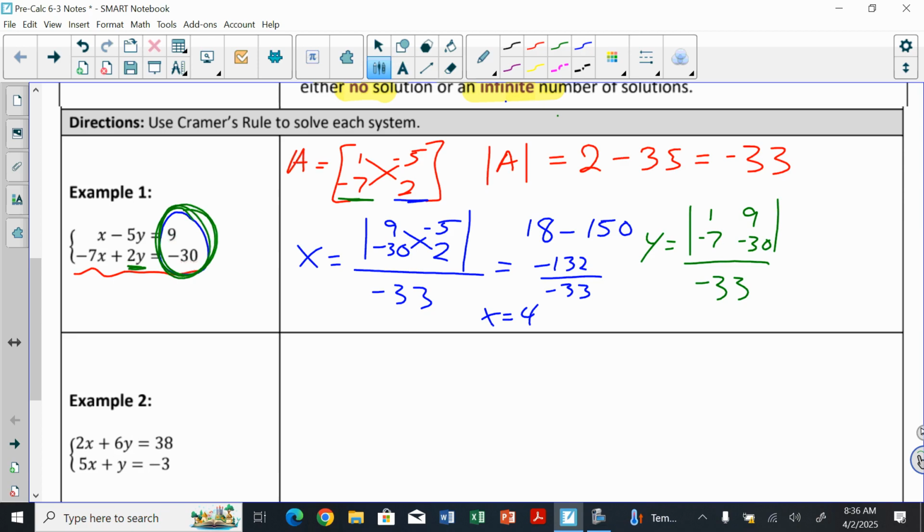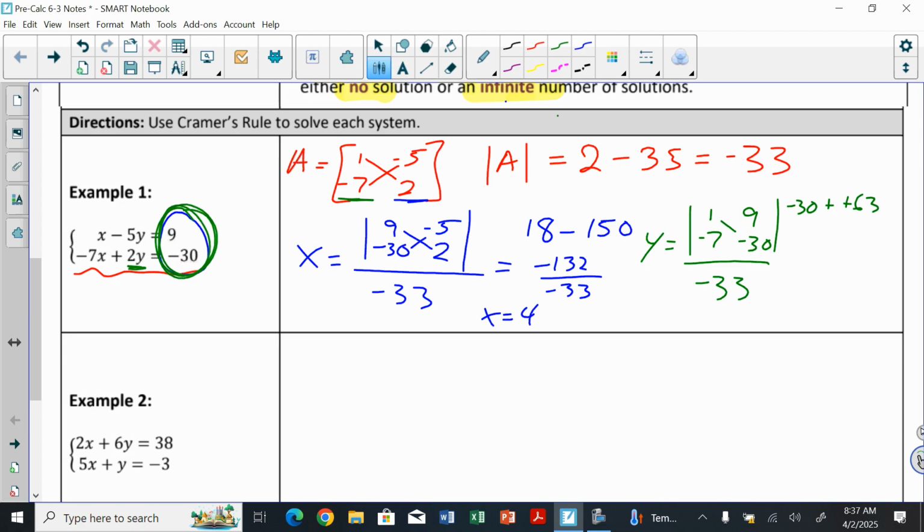So doing this one, again, 1 times negative 30 gives me negative 30, minus negative 7 times 9, which is negative 63. But remember, I'm going to change that to add.